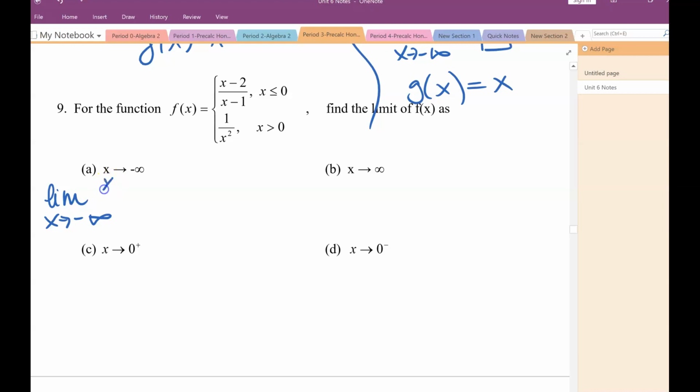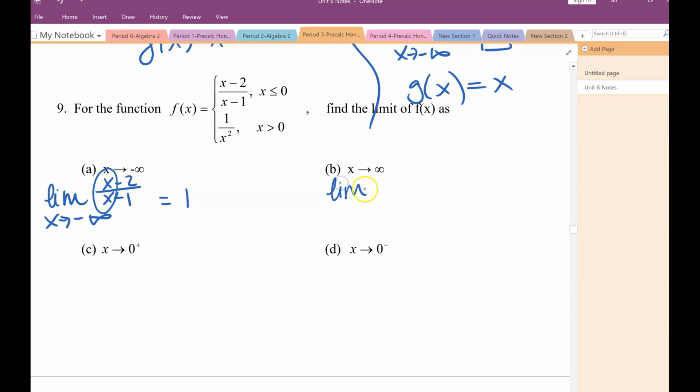So here's the first, x minus 2 divided by x minus 1. What's the answer? As x approaches negative infinity, what is the height getting closer and closer to? 1. How do you know? Yeah, take the leading term of each and divide them, so you get 1.